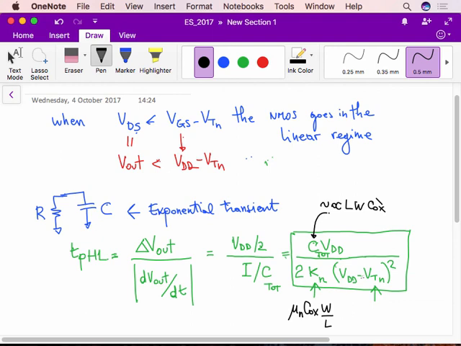This is not really true in practice, because I can anticipate something that we will discuss in a few minutes: the point is that if we decrease V_tn, power consumption increases too much, and therefore it's not advisable to do that. So we cannot play that much with V_tn.